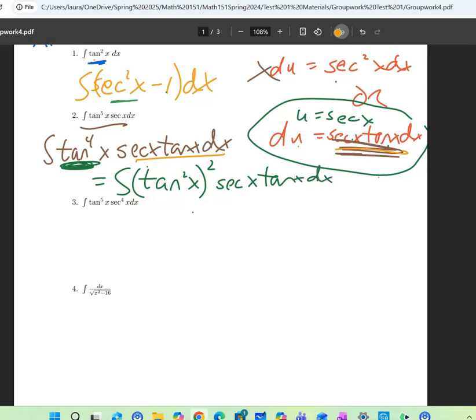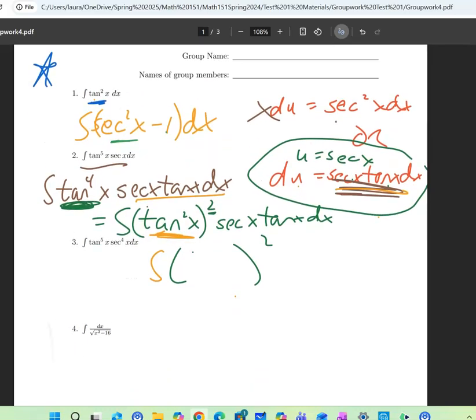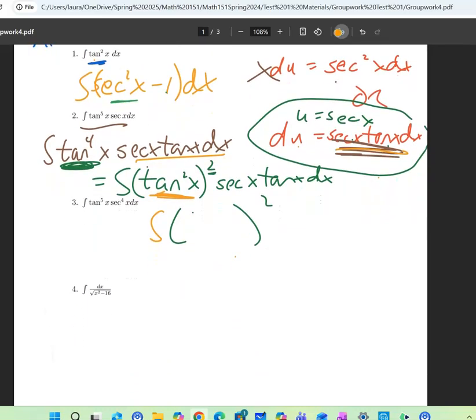Then rewrite this, carrying along the square that's on the outside. Tangent squared will be secant squared x minus 1. And then I'll just carry everything along in x's. Make sure you're moving all x's to all u's.